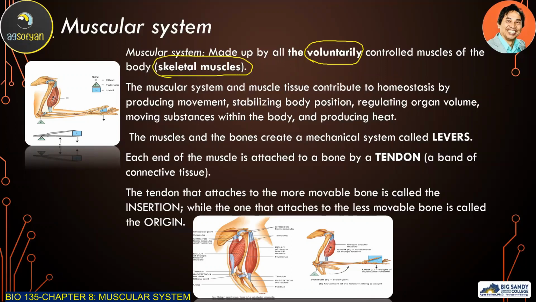The muscular system and muscle tissue contribute to homeostasis by producing movement, stabilizing body positions, regulating organ volume, for example pumping blood from the heart, moving substances within the body, and also producing heat.